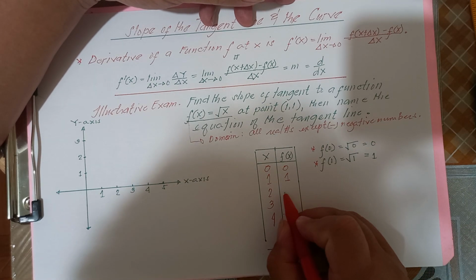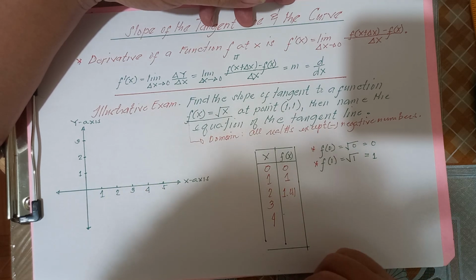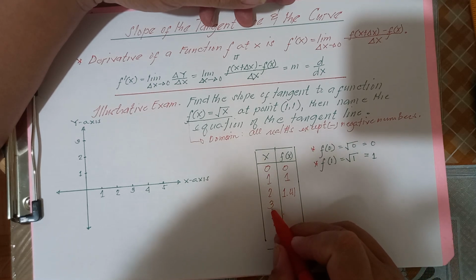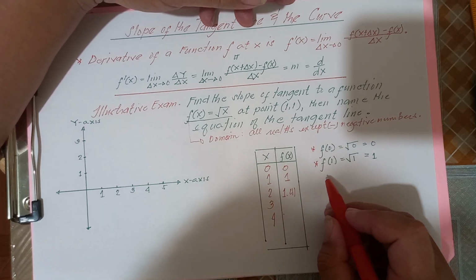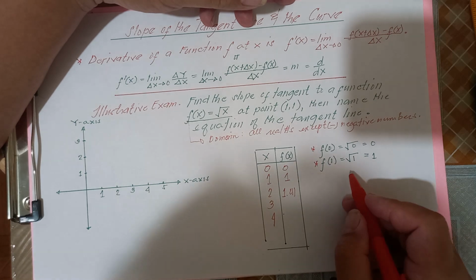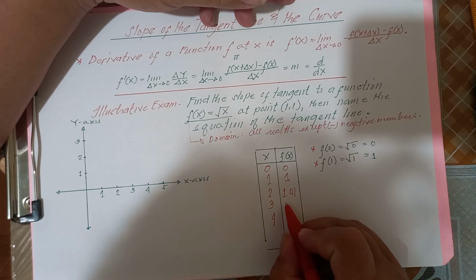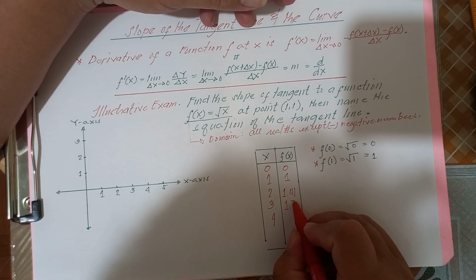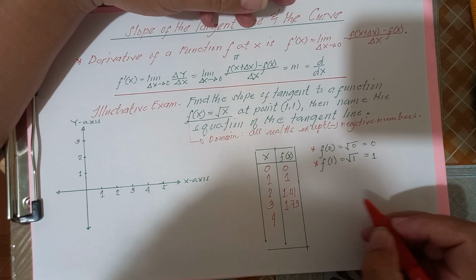What is the square root of 2? That is about 1.41. What about if our x is 3? Then f of 3 is equal to the square root of 3, which gives you 1.73.